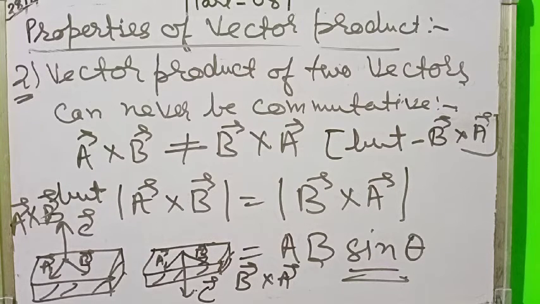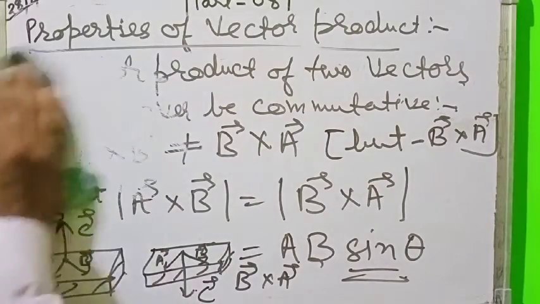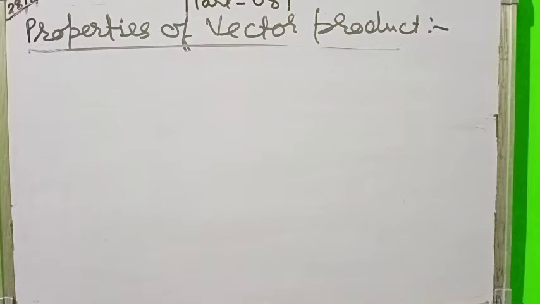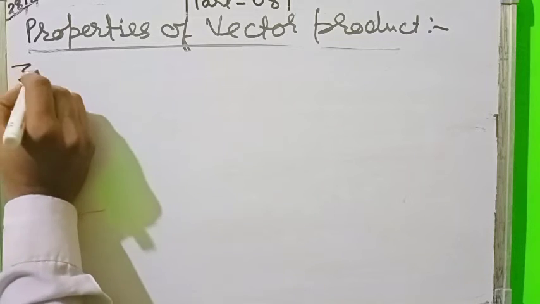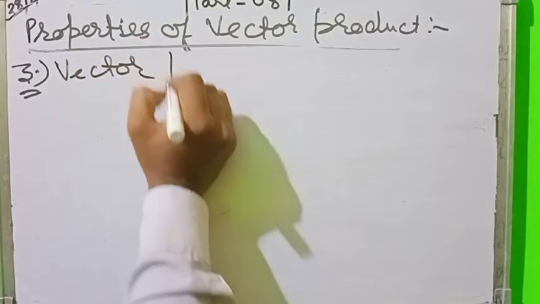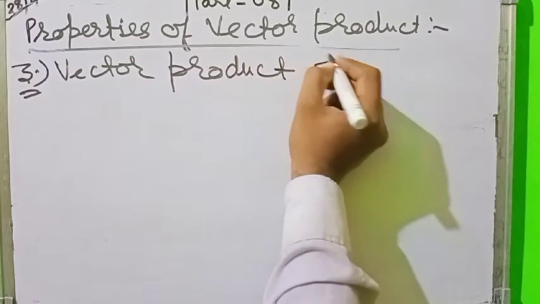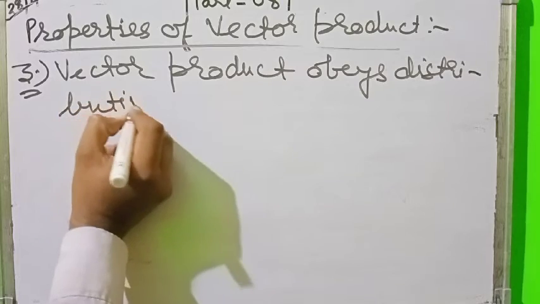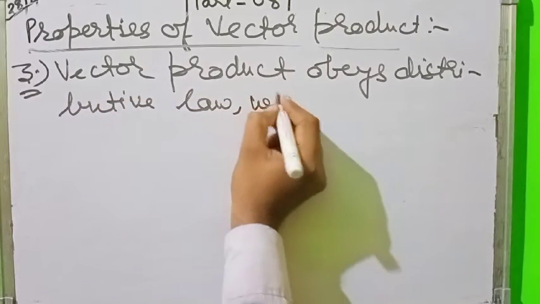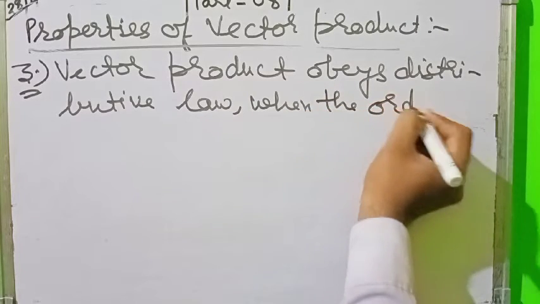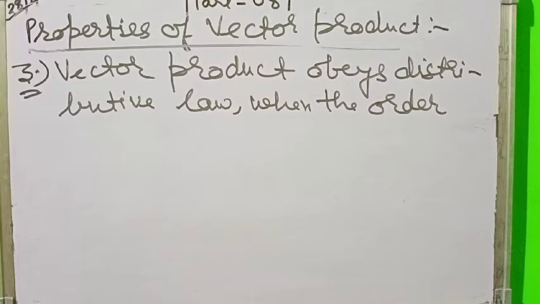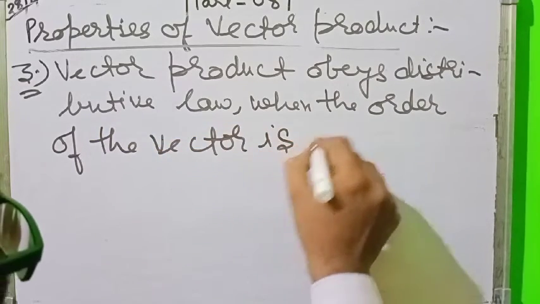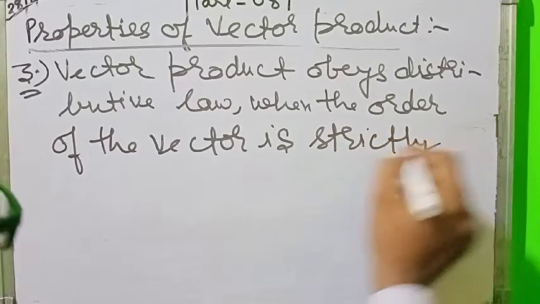The third property is that in special cases the vector product obeys the distributive law, when the order of the vectors is strictly maintained.